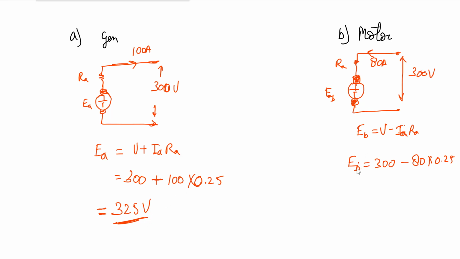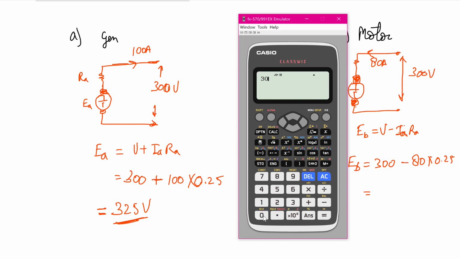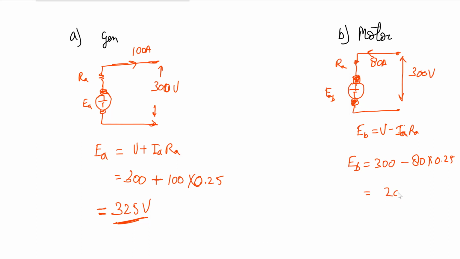And 300 minus 80 into 0.25 gives 280 volt. So you can see the back EMF offered by the motor that is running is 280 volt, and the EMF generated is 325 volt.